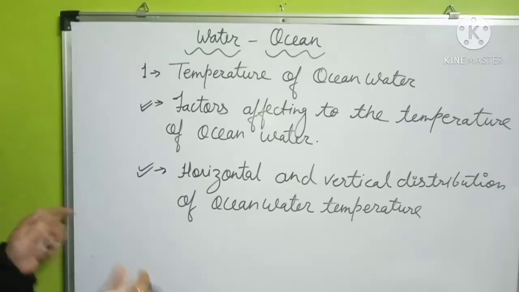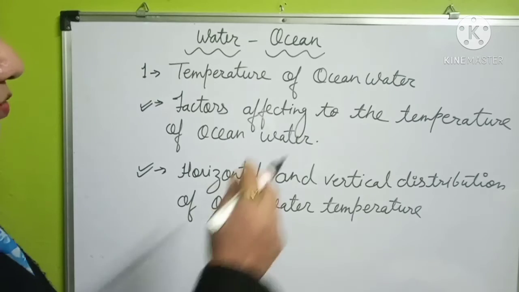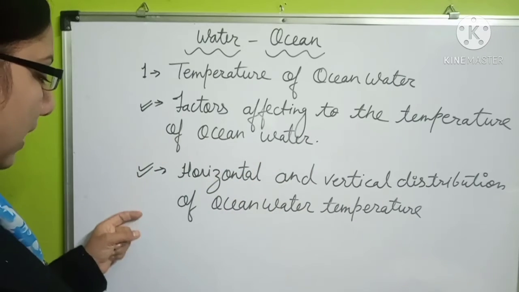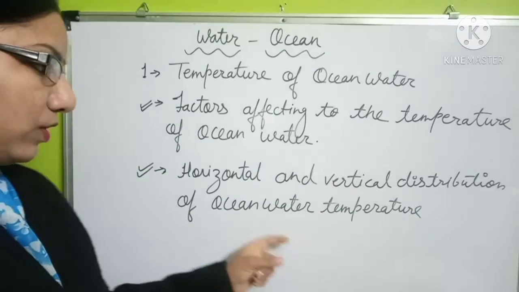So our main topic is the temperature of ocean water, in which we will study the factors affecting the temperature of oceanic water, and second will be the horizontal and the vertical distribution of ocean water temperature.